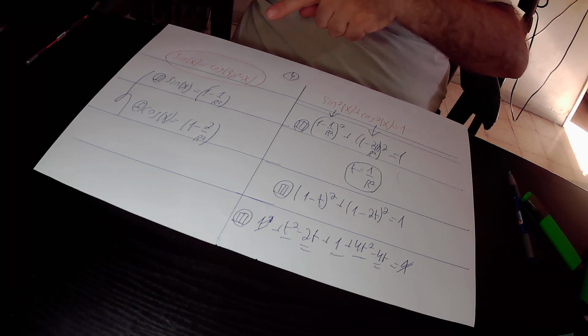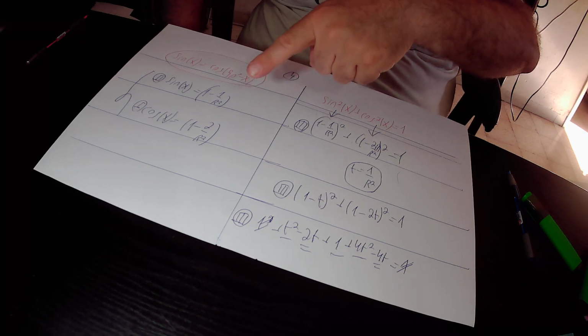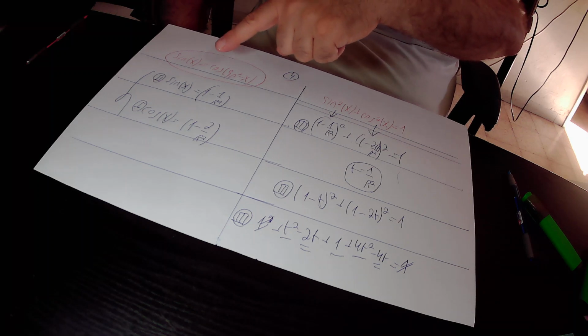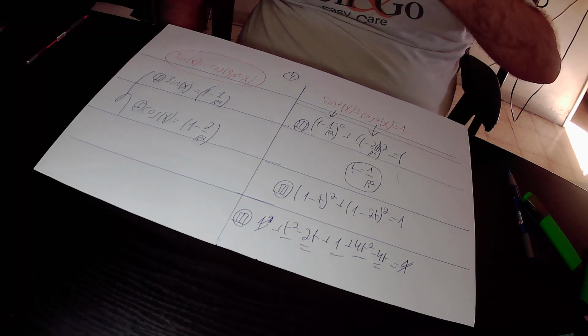This is according to equation 2, while according to equation 1, we have already found that cosine X equals 1 minus 2 over R squared. So we have the values of sine X and cosine X in terms of R.